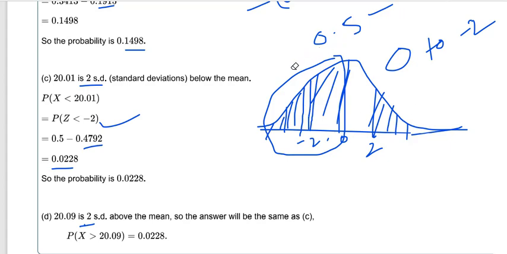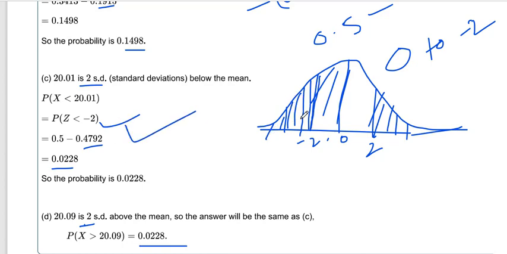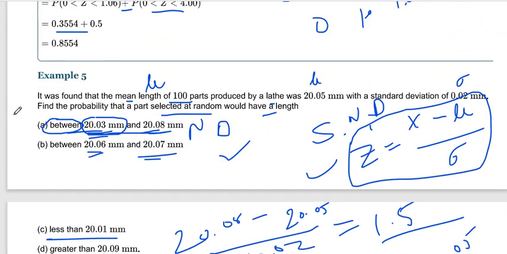In the previous part we calculated the left-hand side of minus 2, and it is the same as the right-hand side of 2, because 0 is the center and we have a mirror. So below minus 2 and above 2 are the same, and we do not have to calculate again. These types of examples you can find in the exam.